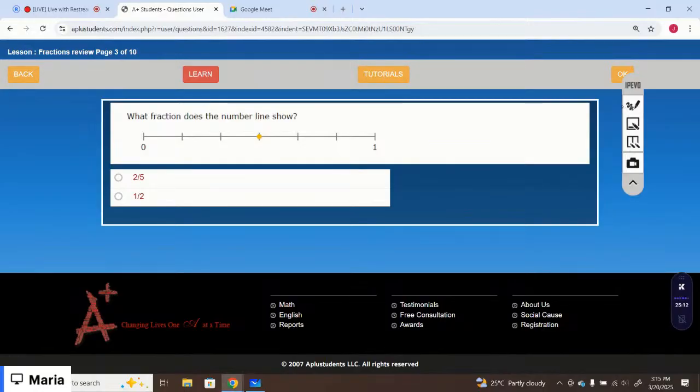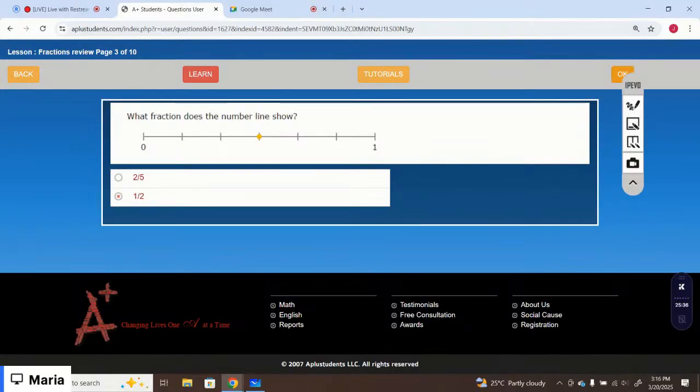What fraction does the number line show? One out of two, it is.